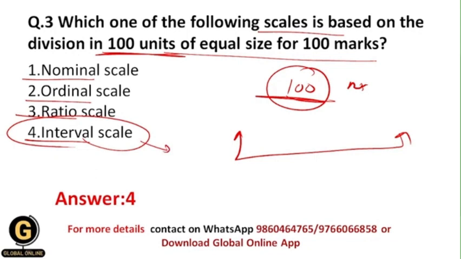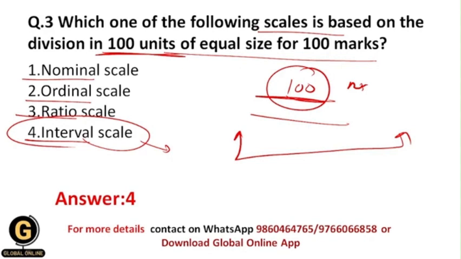So let me explain why. Interval scales are used to measure variables in which intervals between values are equal, but there is no true 0 point. So here there are 100 marks and you are going to divide these 100 marks in equal 100 units. And that's why over here you are going to measure variables in which intervals between values are equal.